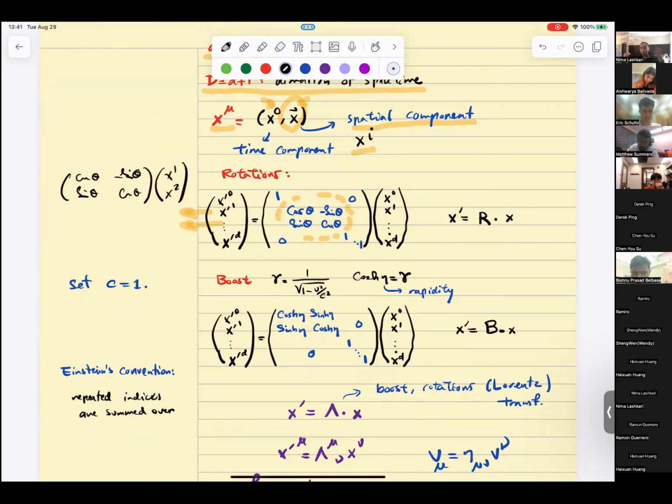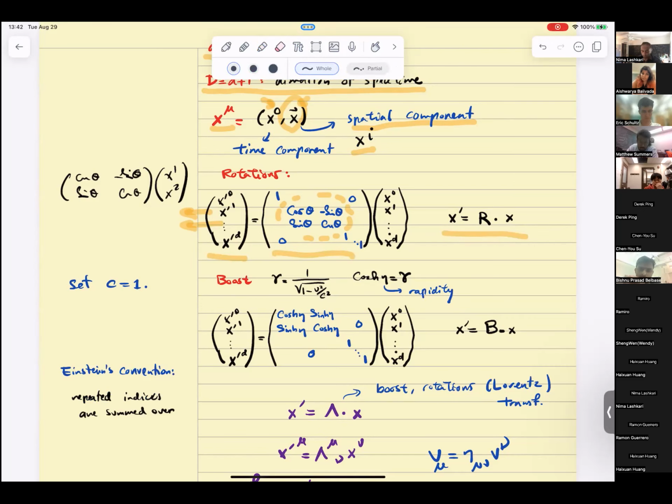If you have more dimensions, it's going to look like this with identity on the rest of the components and zeros elsewhere. In matrix notation, you can write this as x prime equals R, the rotation matrix, dot x. This is matrix multiplication.